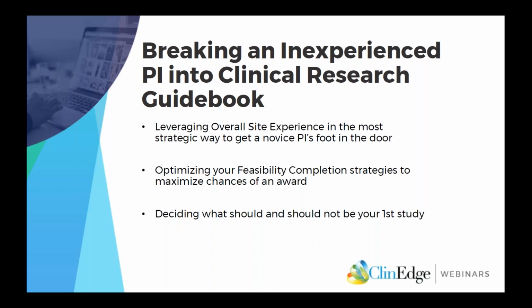And then we'll round out our discussion with deciding what should and shouldn't be your first study. We'll have a case study showcasing one of our inexperienced PIs, the study they took in order to build that CV and get into research.